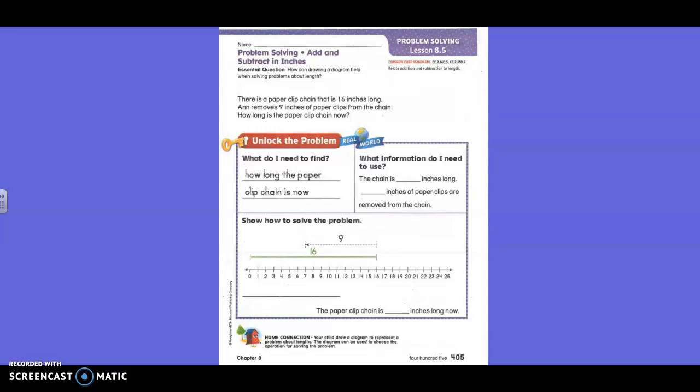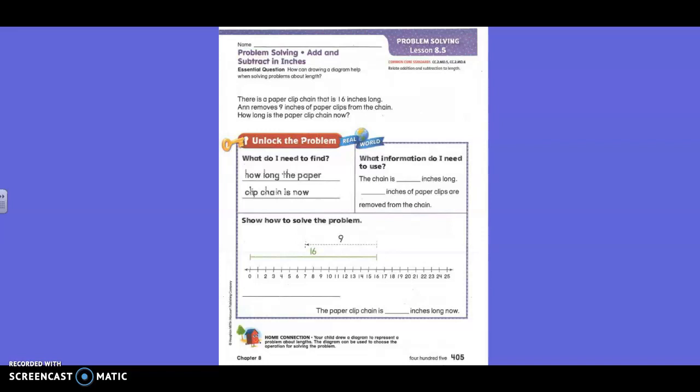Okay, boys and girls, today in math, we're going to solve addition and subtraction problems involving the lengths of objects by using the strategy draw a diagram. Okay, let's all read the story problem up top first.